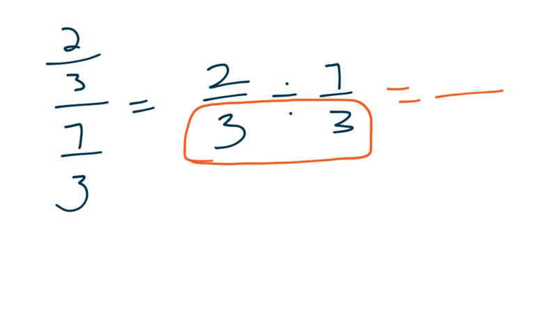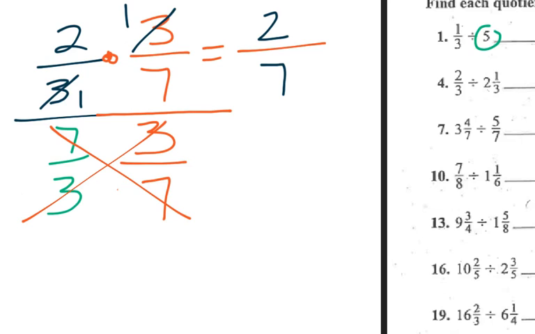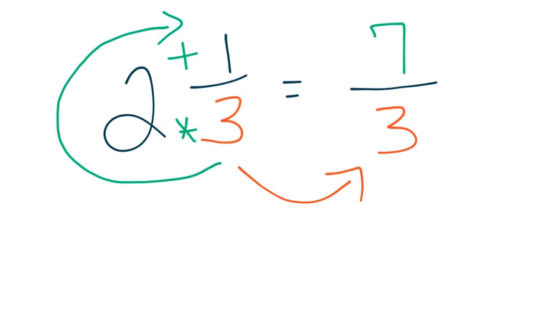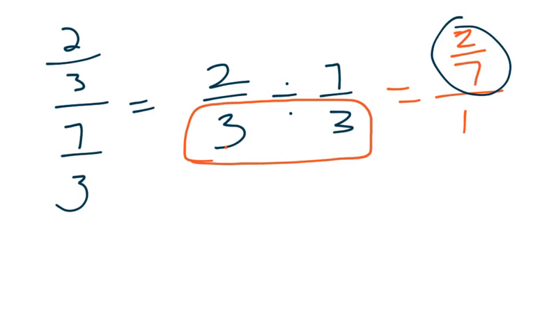When that happens, it works out really well, and you can divide straight across, but only when the denominator is the same. So 3 divided by 3 is 1, and 2 divided by 7 is 2/7. Then you get 2/7 over 1, which is the same answer that we got here. The 1 really doesn't change anything, so we say our answer is 2/7.